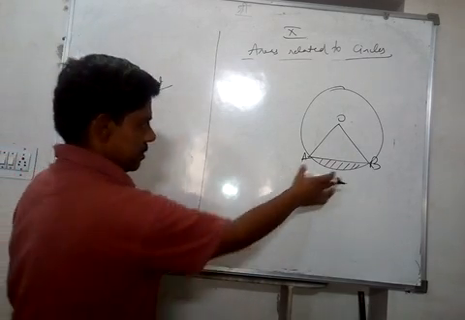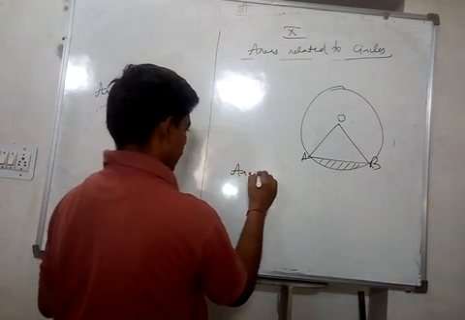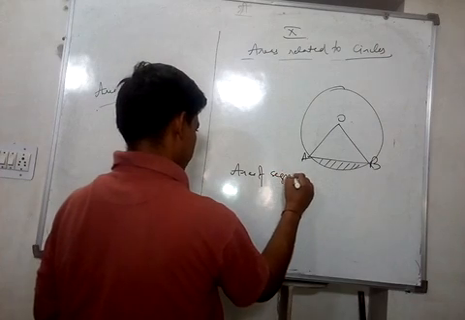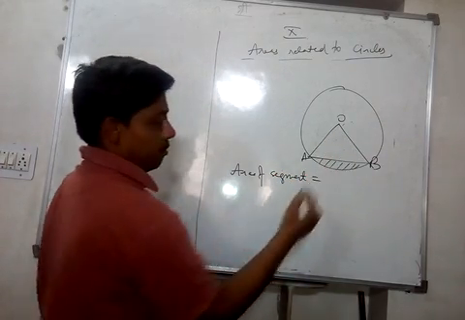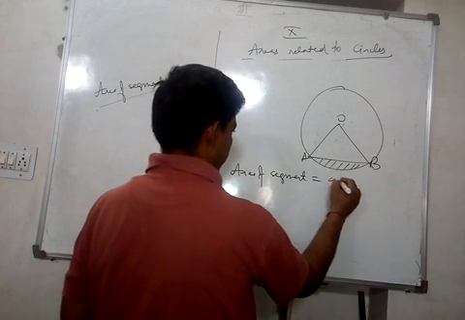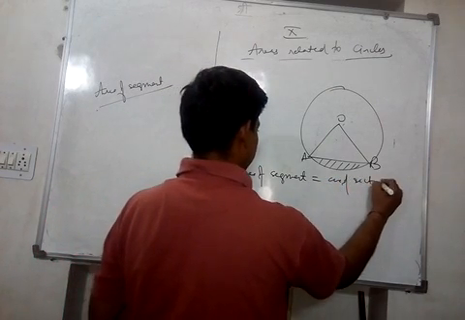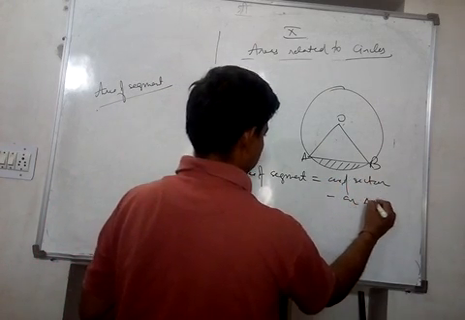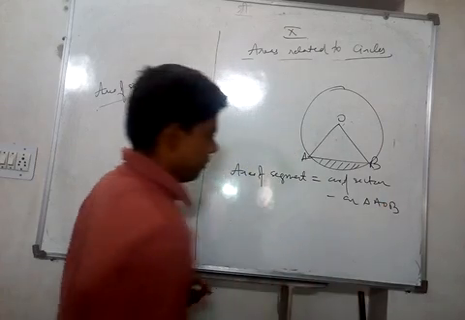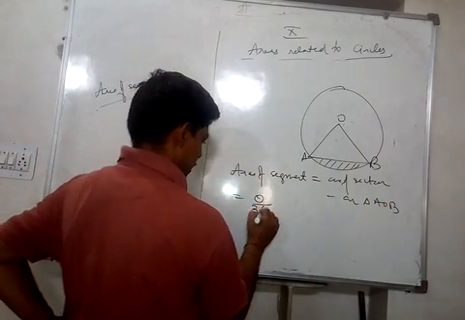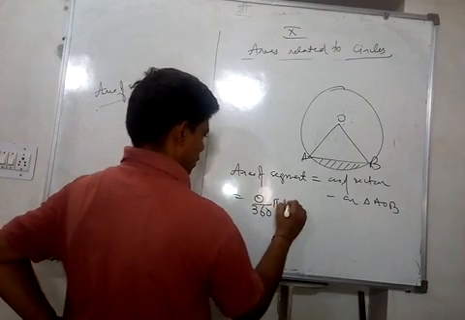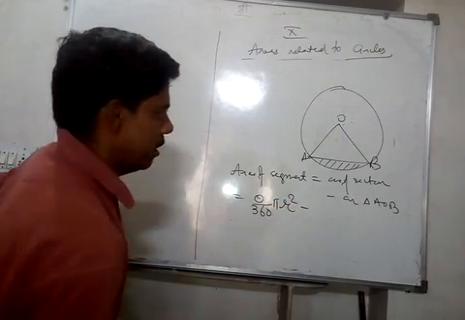Area of segment, as you can see here, is equal to area of sector minus area of triangle AOB. Now area of sector we already know, theta upon 360 pi r square, minus area of triangle.